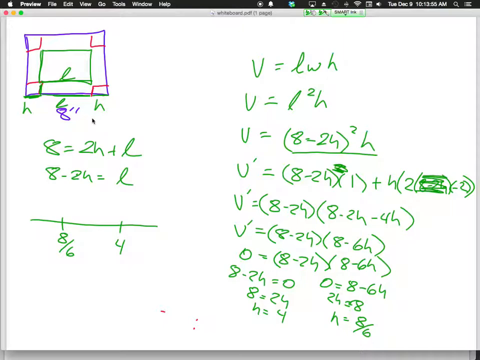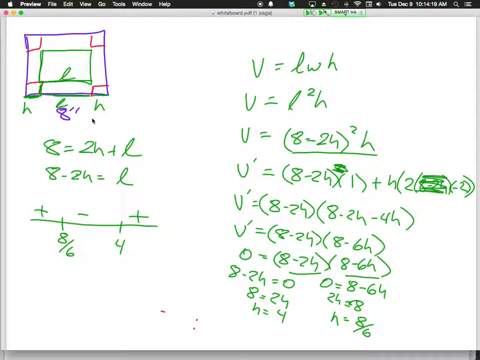So let's pick 1. So if I pick 1, this first one is positive. The second one is positive. So I'm positive here, negative, and positive. And what is it I'm looking for? I want a maximum, which is where the derivative changes from positive to negative.